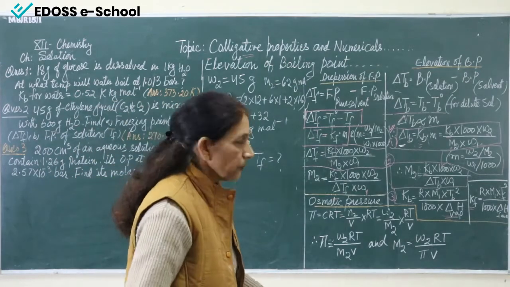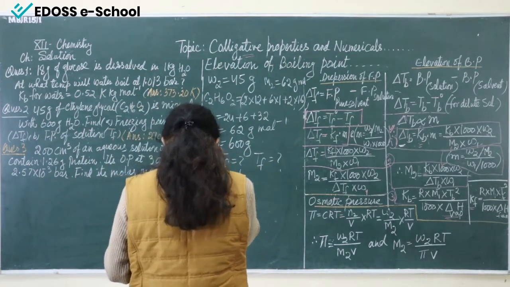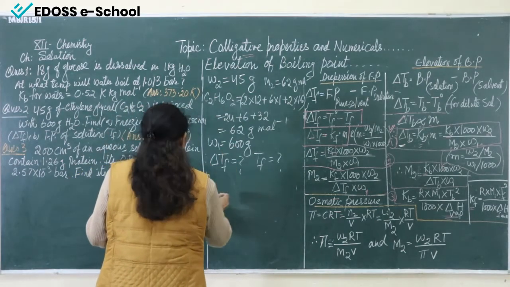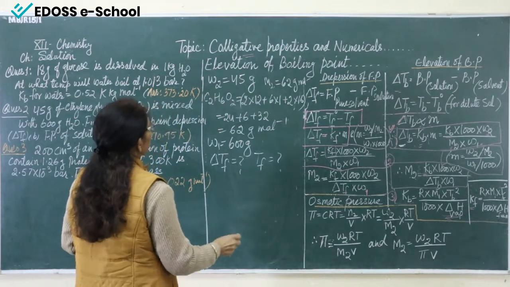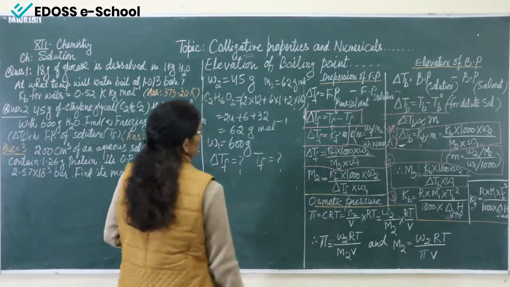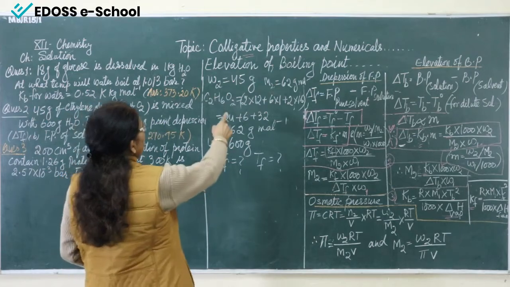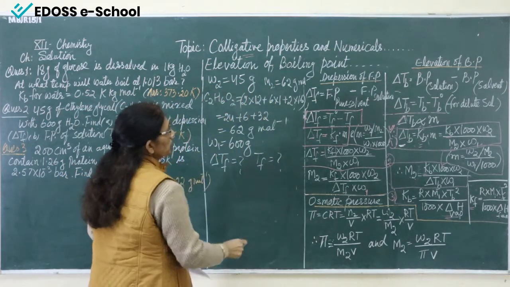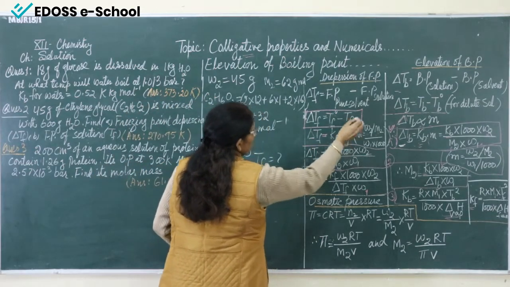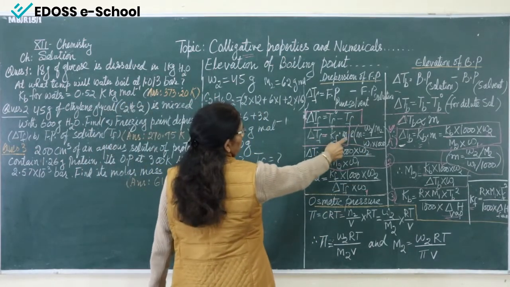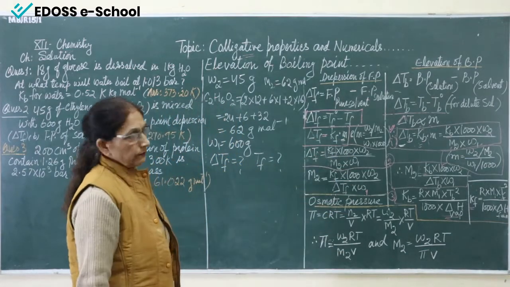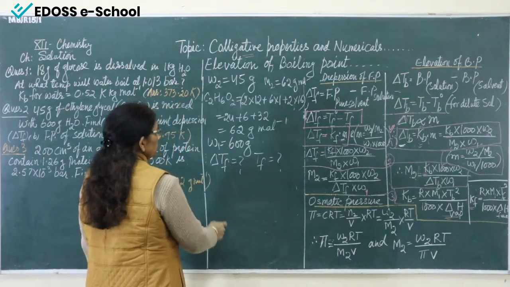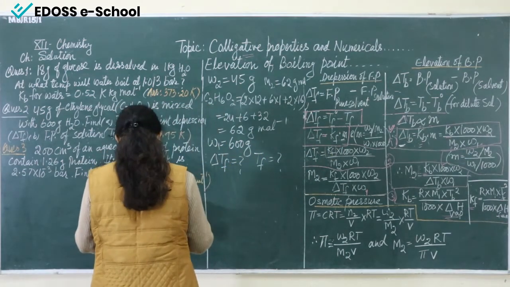Now see here one thing: Kf is not given here, and mass and molar mass we know. So we will apply this formula. First of all we will try to find molality.